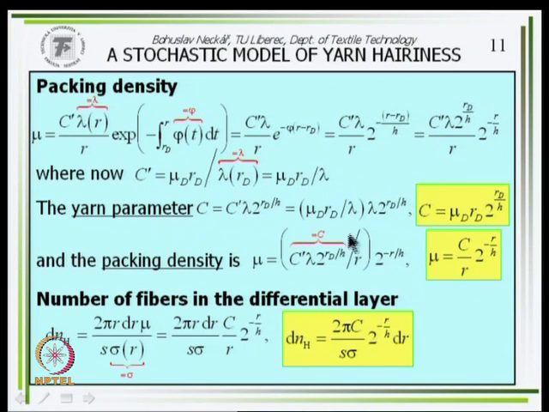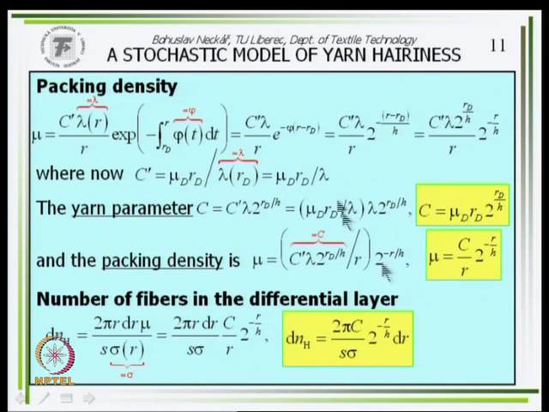We can also introduce a final constant c, which is mu rd times 2 to the power of rd by h, so that it is also not a function of radius. And then the packing density mu, which is given by this formula, because this is c, we obtain the formula mu is c by r times 2 to the power of minus r by h.